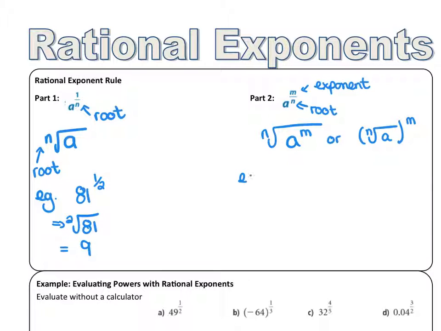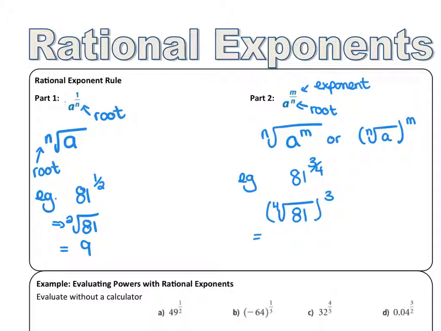So let's do an example of this one. Let's say instead we have 81 to the 3/4. What you're going to do is take the 4th root of 81 and then cube it.